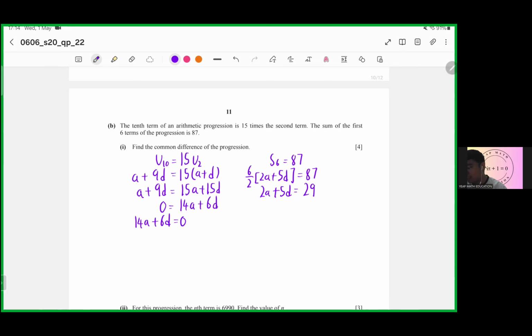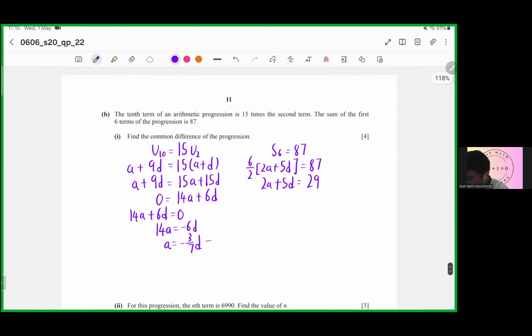Okay, now you see it's two equations, right? 14a equals negative 6d. So a equals negative 6 over 14, negative 3 over 7. Okay, let this be the first equation, and this the second equation.